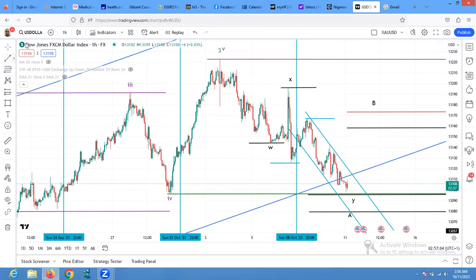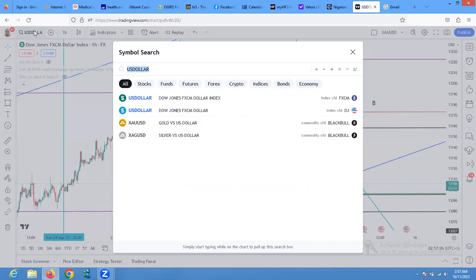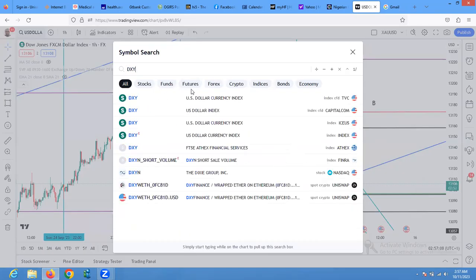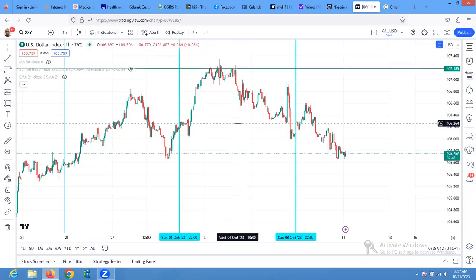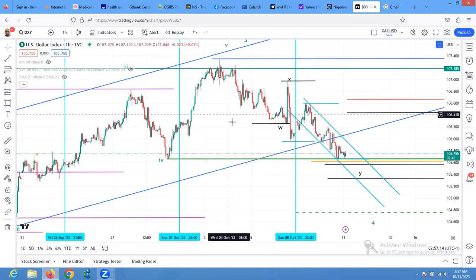Now, looking at the DXY is the same. It's the same on the DXY because we have to see how everything is coming together and aligning. So we can see that we are seeing a break out of wave 3 now, proper here.